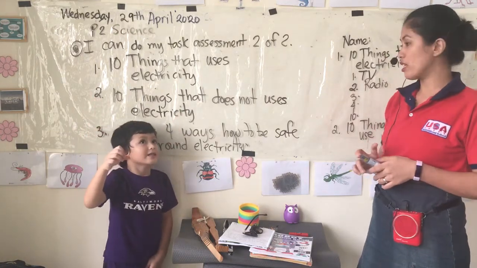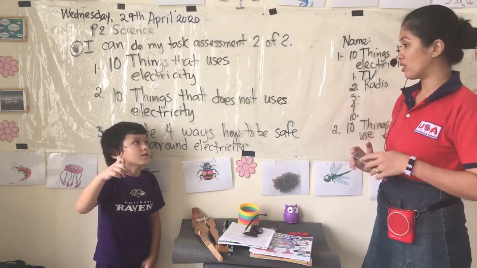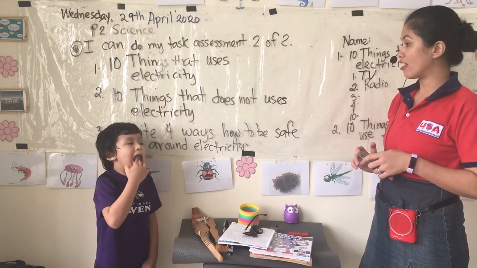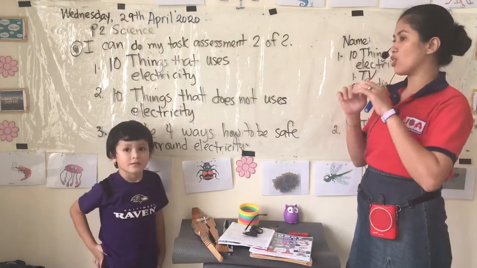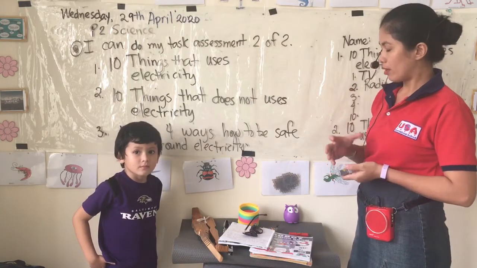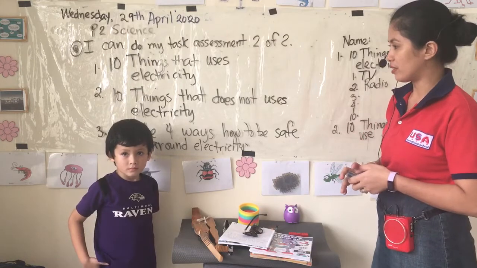So we should not shoot the gun. We should not shoot the light bulbs, or else you will break them. If the bulb is broken, you might damage the wires, right?